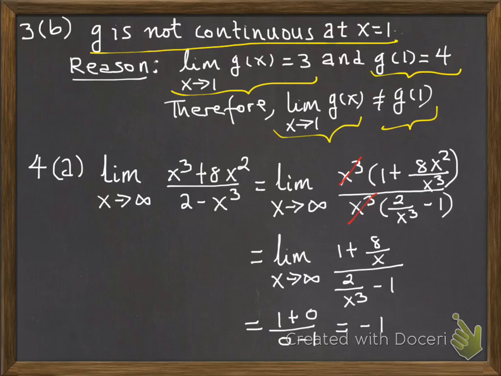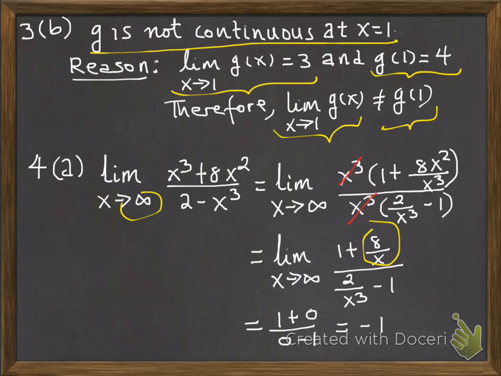And number 4, in this case, the limit as x approaches infinity of this object. When you evaluate a limit involving infinity or minus infinity algebraically, we have to pull out x cubed to get an expression of this form.